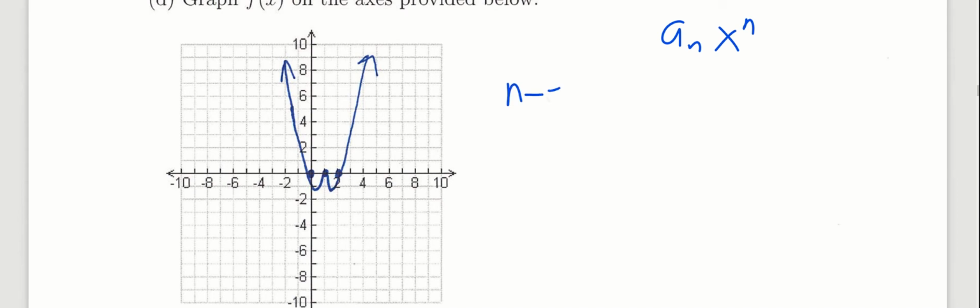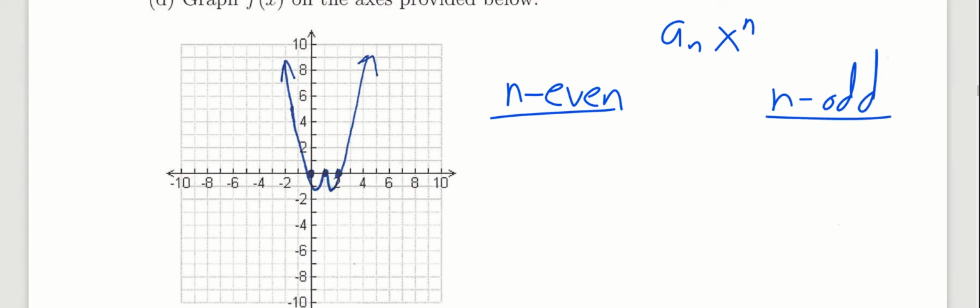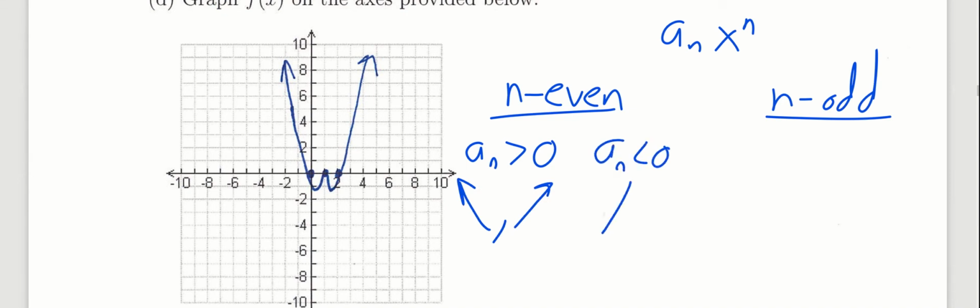The first one is based upon whether the leading exponent is even or the leading exponent is odd. If n is even, and if in addition the leading coefficient is positive, then your polynomial is going to go up to the left and also up to the right. On the other hand, if a sub n is less than 0, then the polynomial will fall to the left and it will also fall to the right.